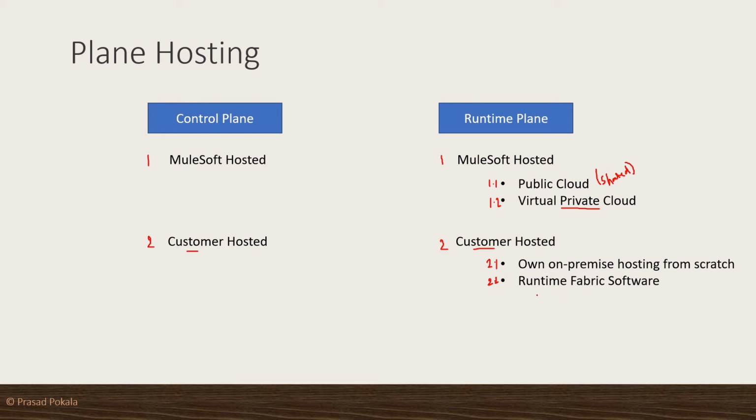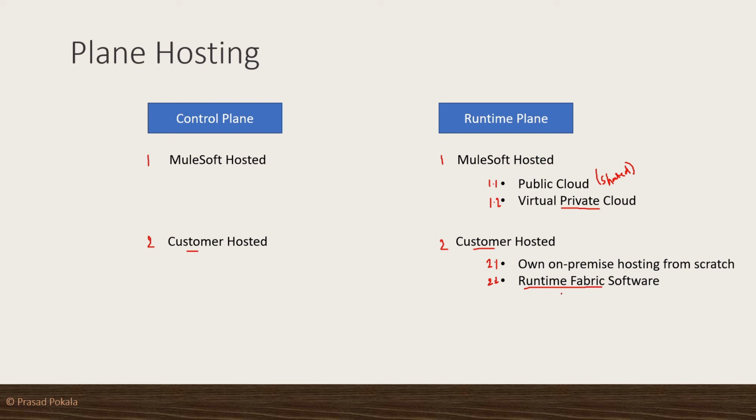Then the second way is, if you do not want to take that much low-level control and invest time in that, there is a MuleSoft provided software for the customer hosted runtime plane, called Anypoint Runtime Fabric. So what is the difference?